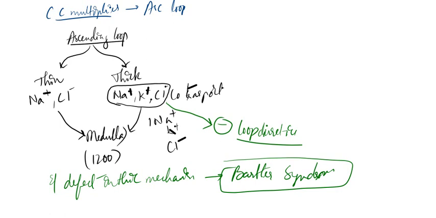Now this is all about the counter current multiplier. Then what about the counter current exchanger? This is a little bit complicated, but it's not complicated, right? You listen carefully, you can understand. What about the counter current exchanger? You take the loop of Henle.